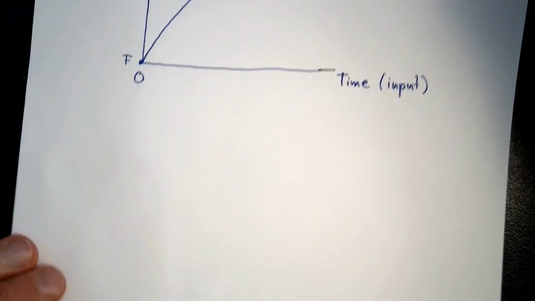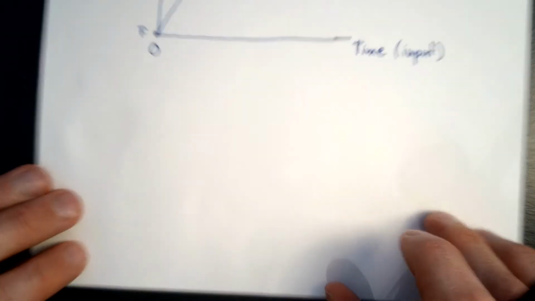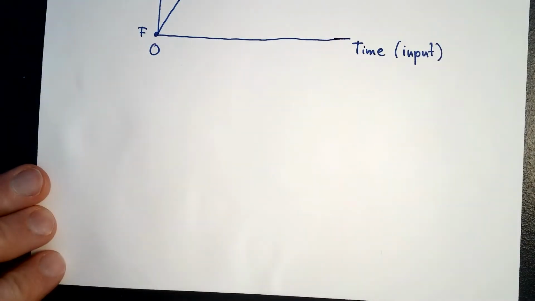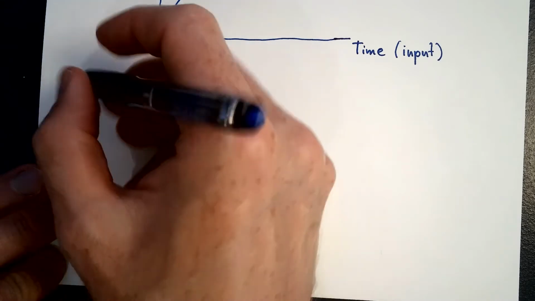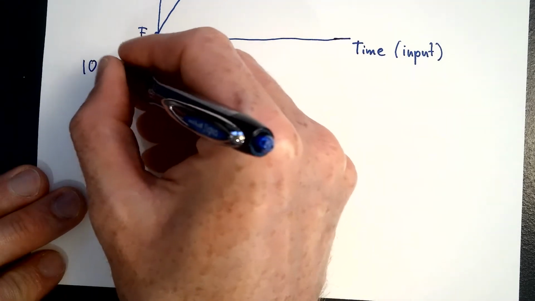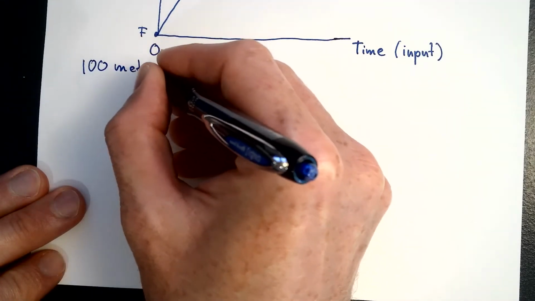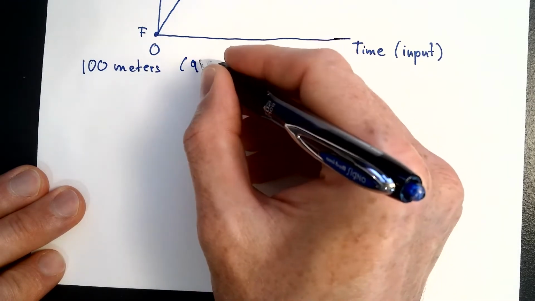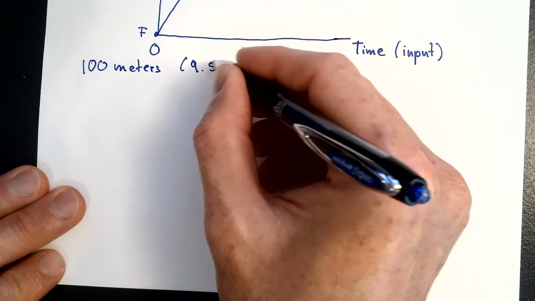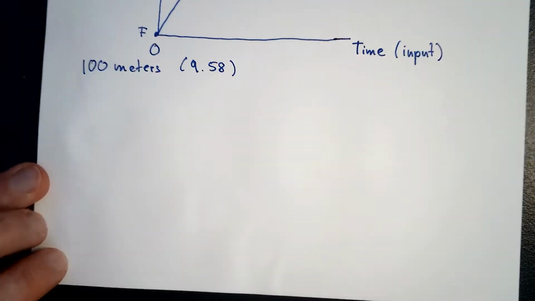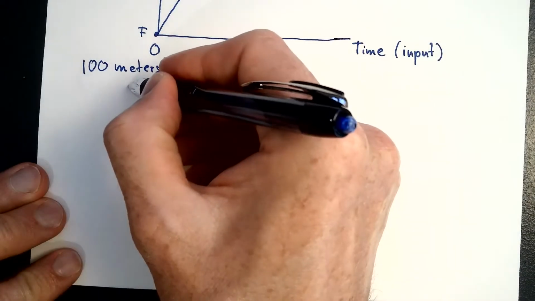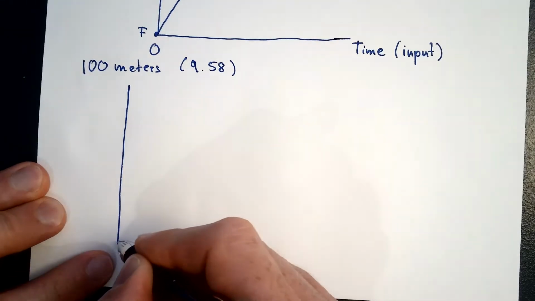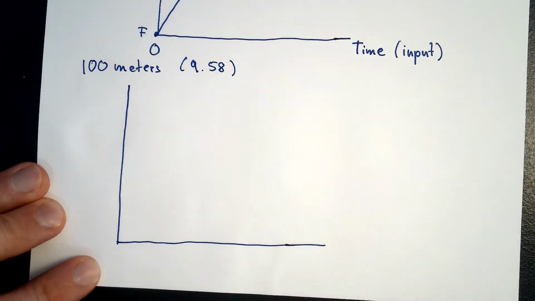Now think about the other example that is going to be slightly different. Now think about running 100 meters. The current world record is at 9.58 seconds. Now suppose that you want to improve your time to run 100 meters.